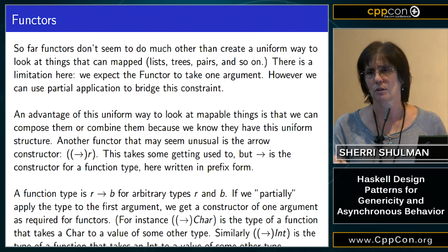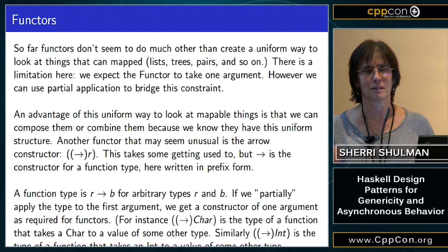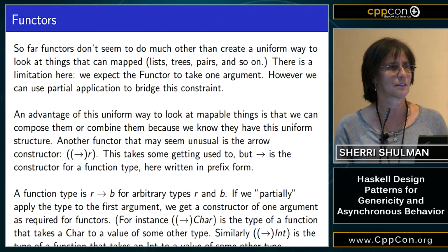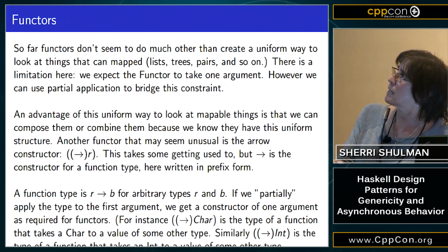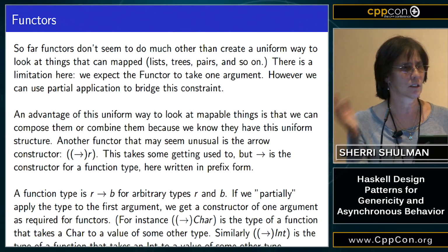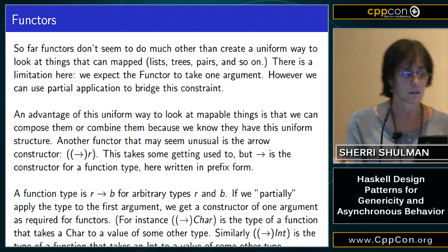But an arrow is also a constructor for this type. So I can think of arrow applied to R. It's put in the prefix form. Normally arrow is infix. In Haskell, when you wrap it in parens, you're essentially changing its orientation from infix to prefix. You can go from prefix to infix as well.